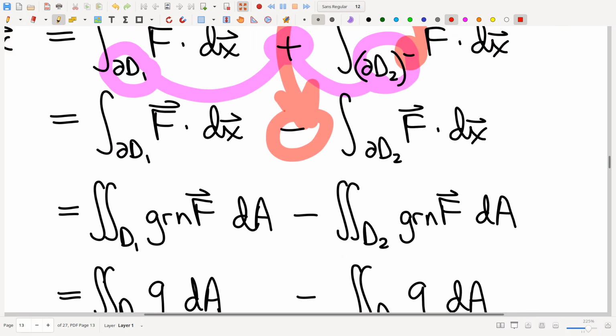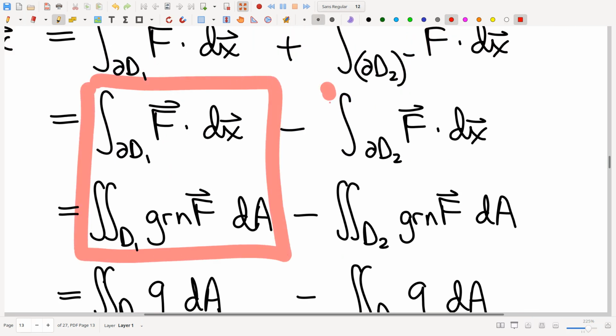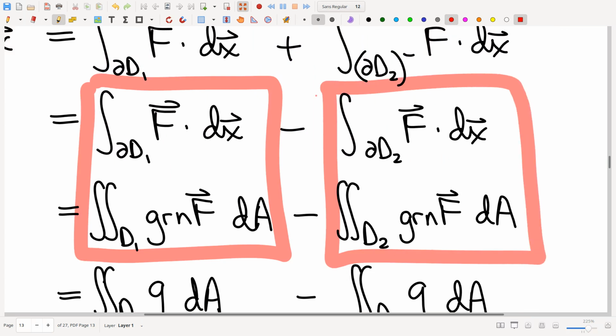Now I have a couple of line integrals around boundaries. So to each one of these boundary circulations, I can just invoke Green's theorem. Boundary circulation, double integral of Green's operator. Both sides. Don't forget your minus sign.